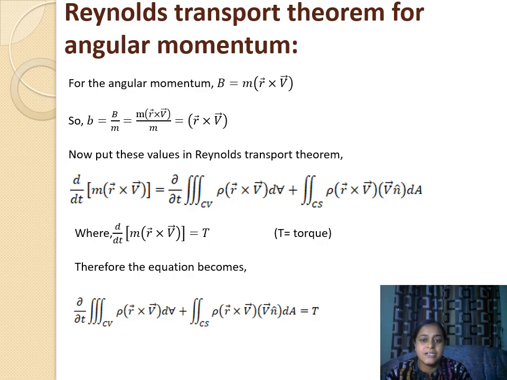Putting these values in the Reynolds transport theorem, we get d by dt of m r bar V bar equals del by del t triple integration at control volume rho r bar V bar d-volume plus double integration at control surface rho r bar V bar dot n cap dA, where d by dt of m r bar V bar equals T, which is called the torque.